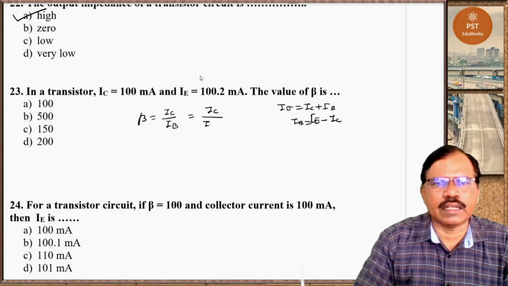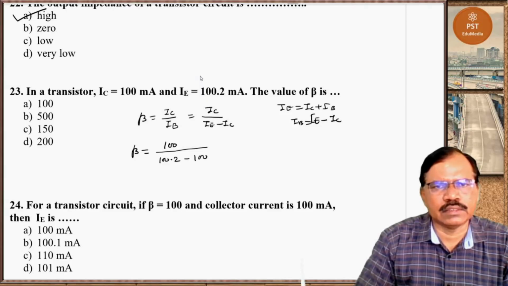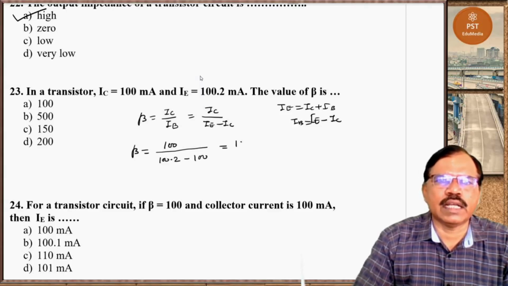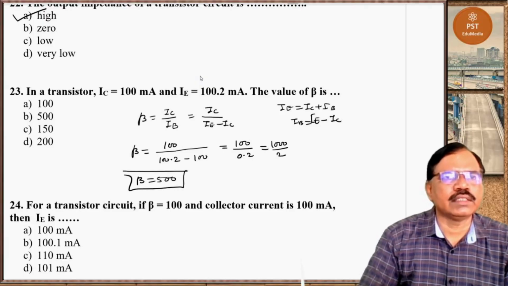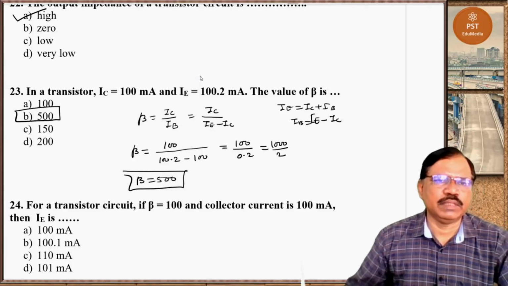So beta is equal to IC, 100 milliampere, divided by 100.2 minus 100. So we'll get 100 upon 0.2, so it is 1000 upon 2. So beta is equal to 500. So here the second one is correct. Beta is 500.